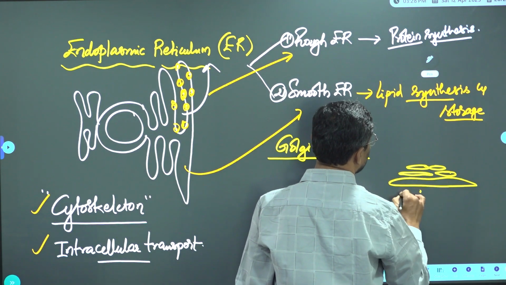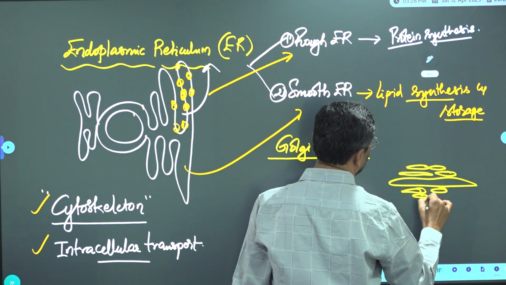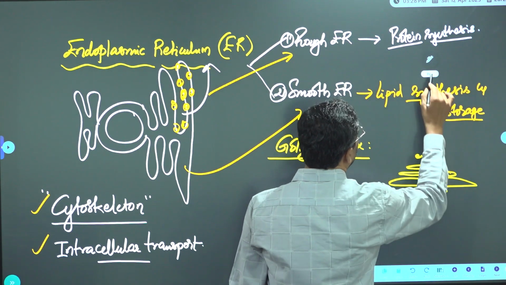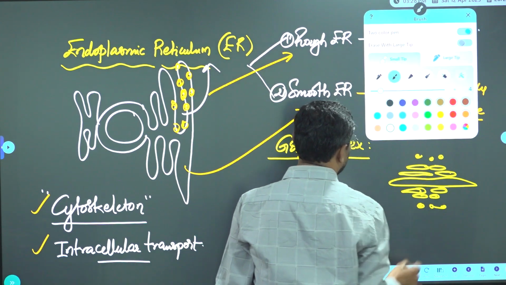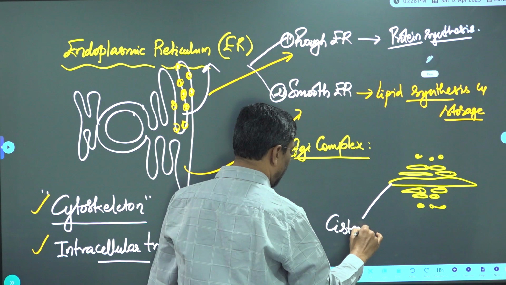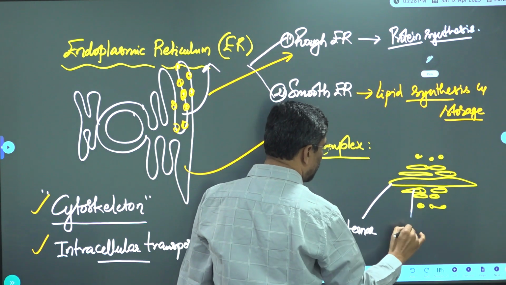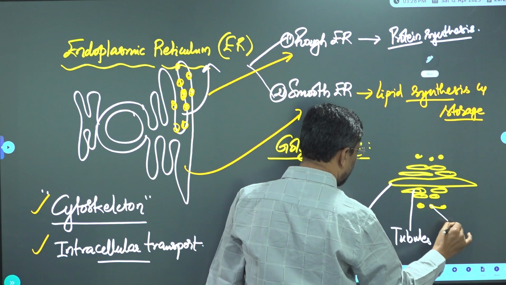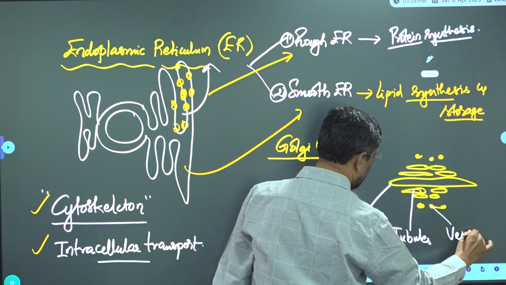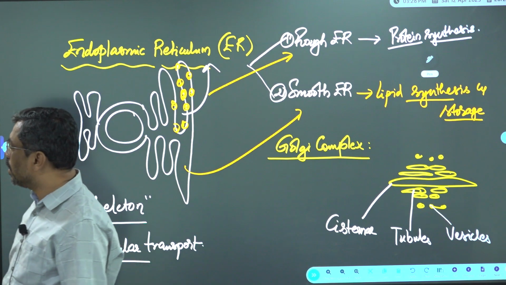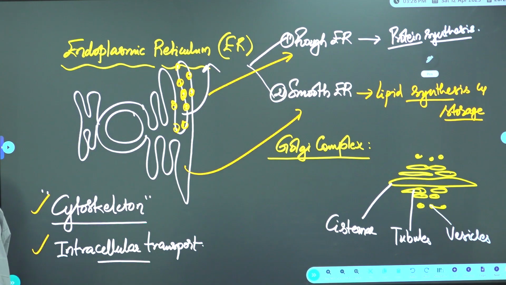It contains three components: cisternae, tubules and vesicles.